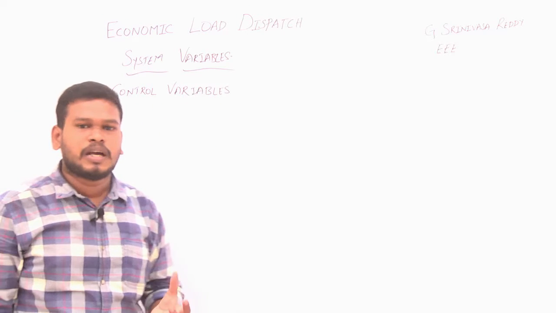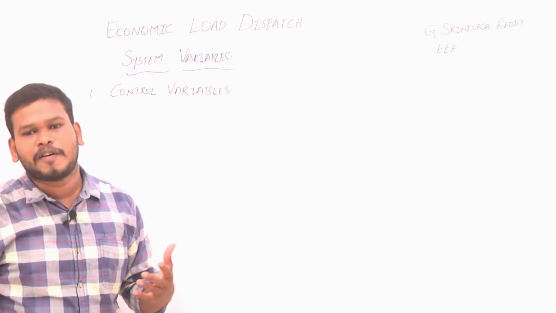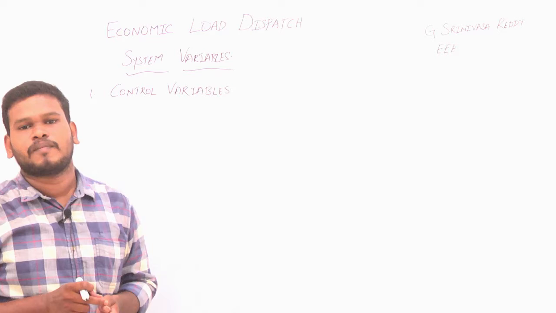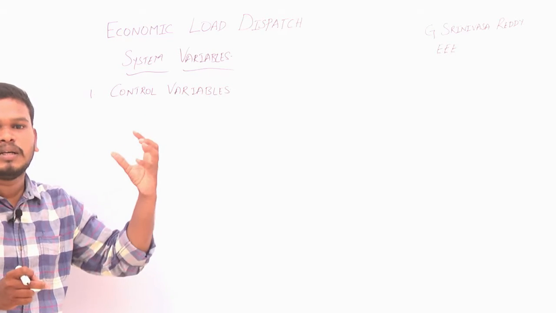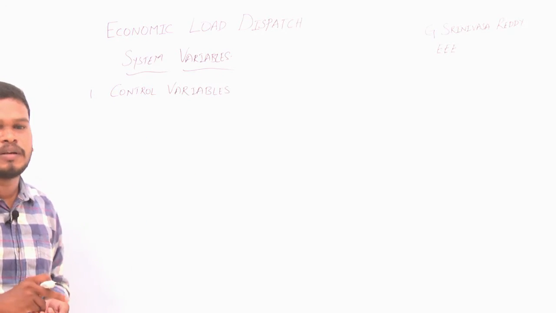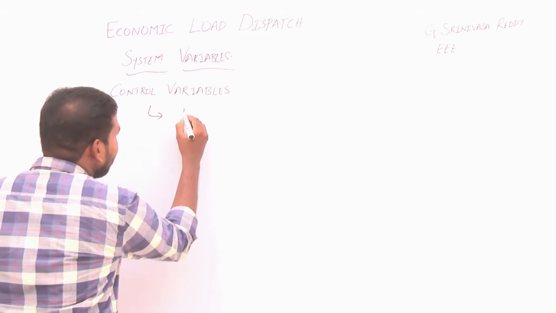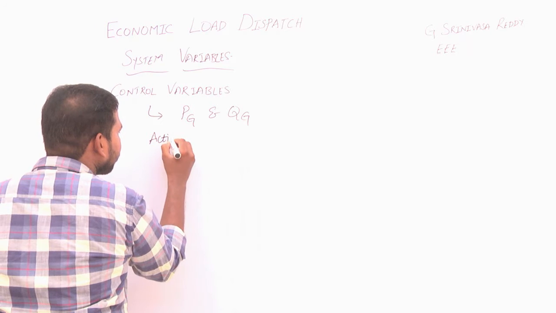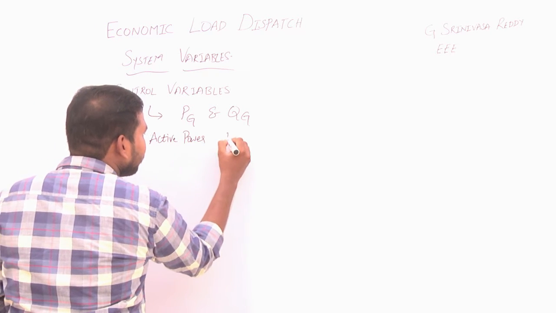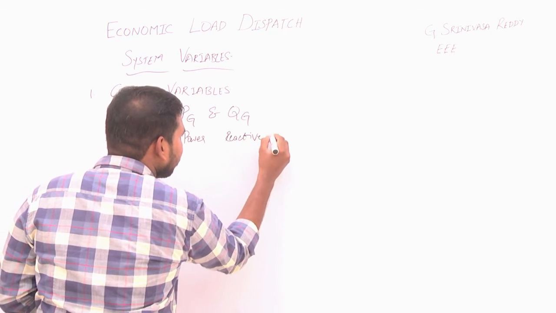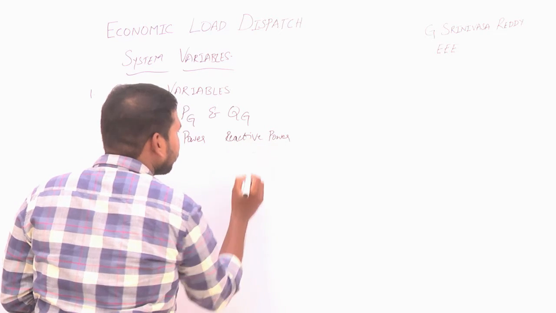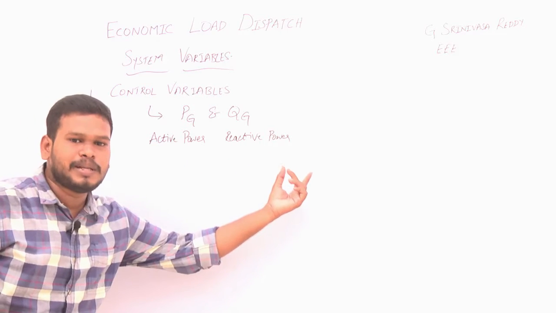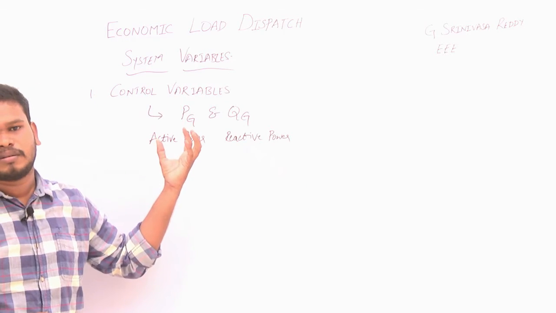These control variables control the operating state of power system network. In which state the power system network is. So those control variables are nothing but PG and QG, that is active power generated and reactive power generated, right? So these are the two control variables in a thermal power station, right?